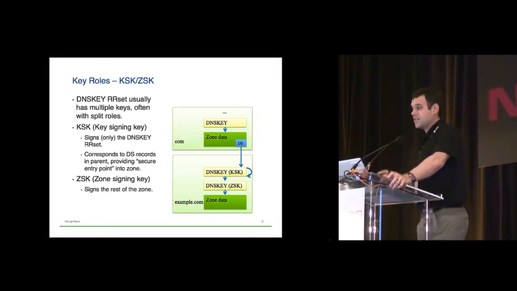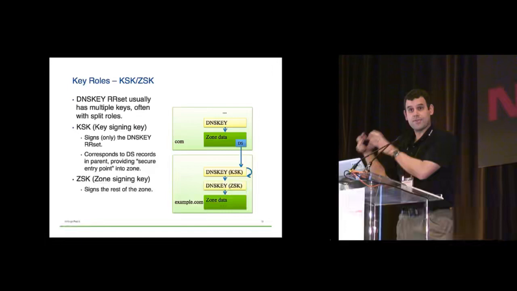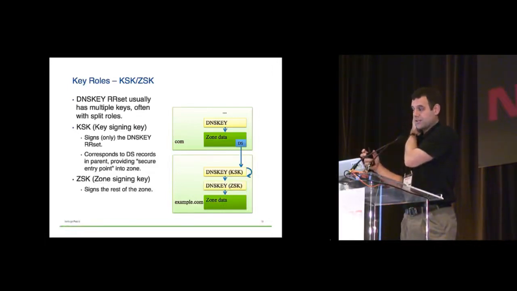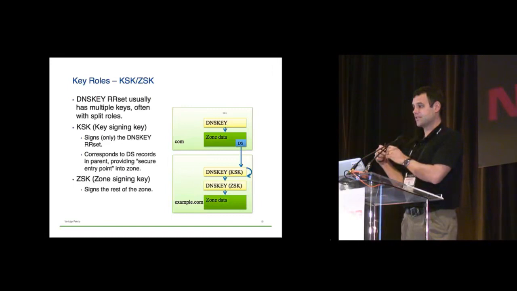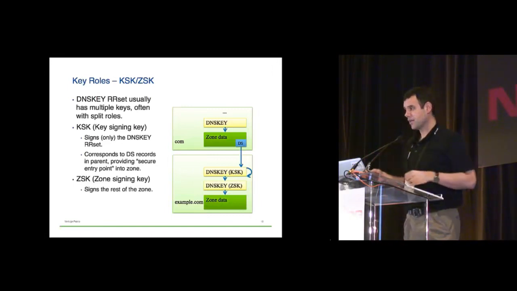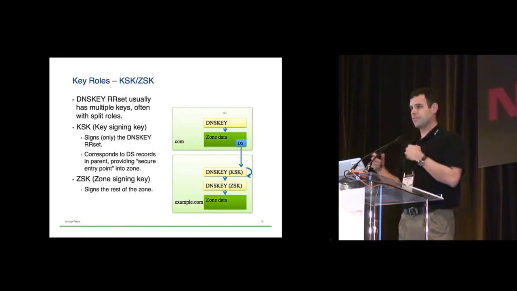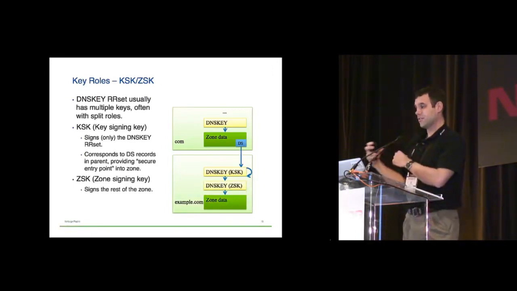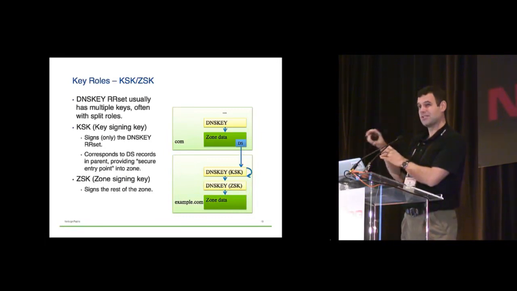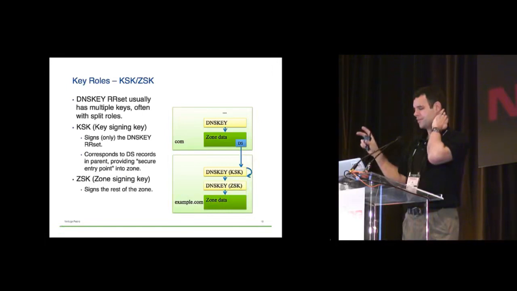The key signing key signs just the DNSKEY RRset, so it's authenticating just the keys, and that is also the one that you take the hash of to put as a DS record in the parent. And then the zone signing key signs the rest of the zone. Typically that's done for a little bit more agility in changing out the zone signing key, the lower one, because you don't have to modify anything in the parent, which may not be under your control when you're doing DNSSEC.